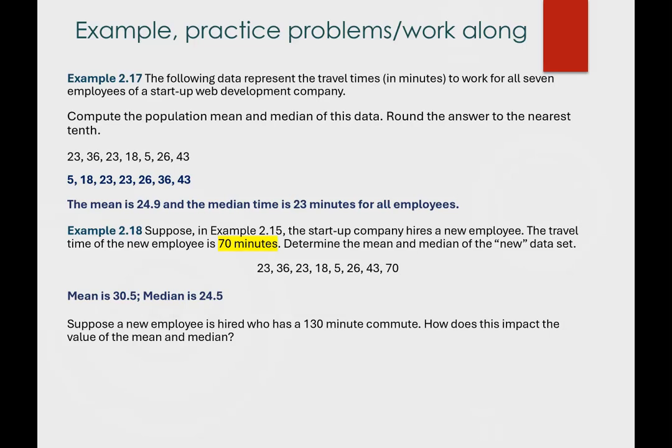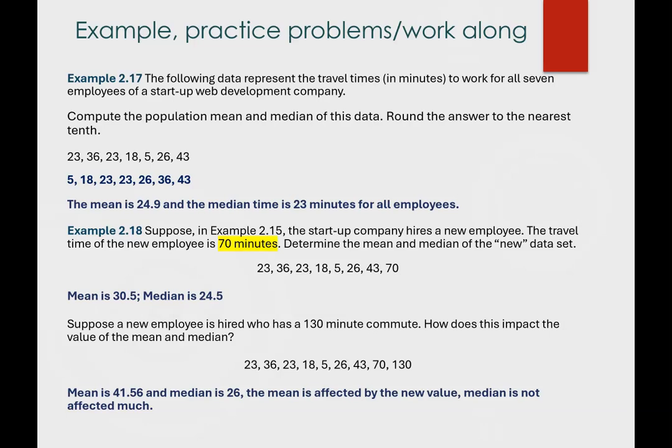Okay, I'm going to reveal the answer now. So we add on that 130. The mean is 41.56 and the median is 26. The mean is affected by the new value. Median is not affected much. It's affected a little bit, but not that much.